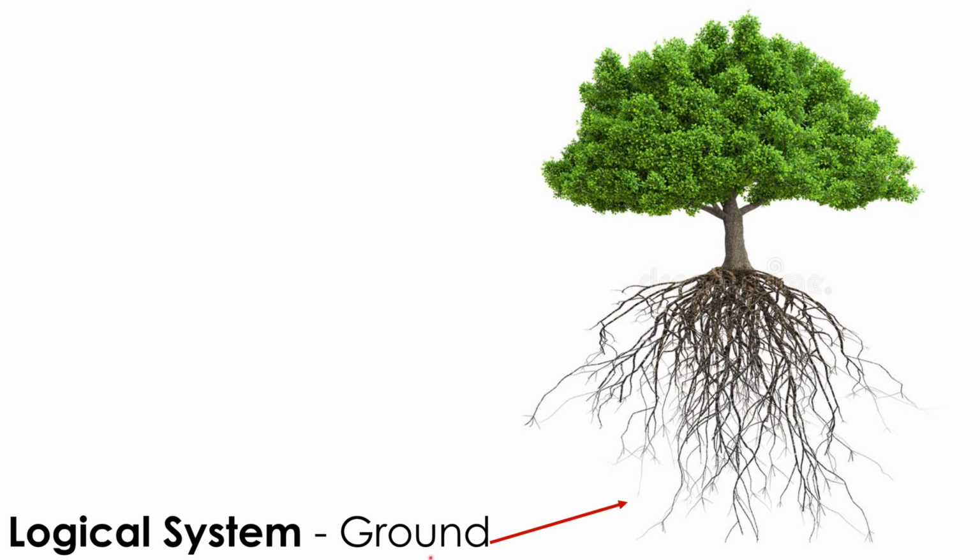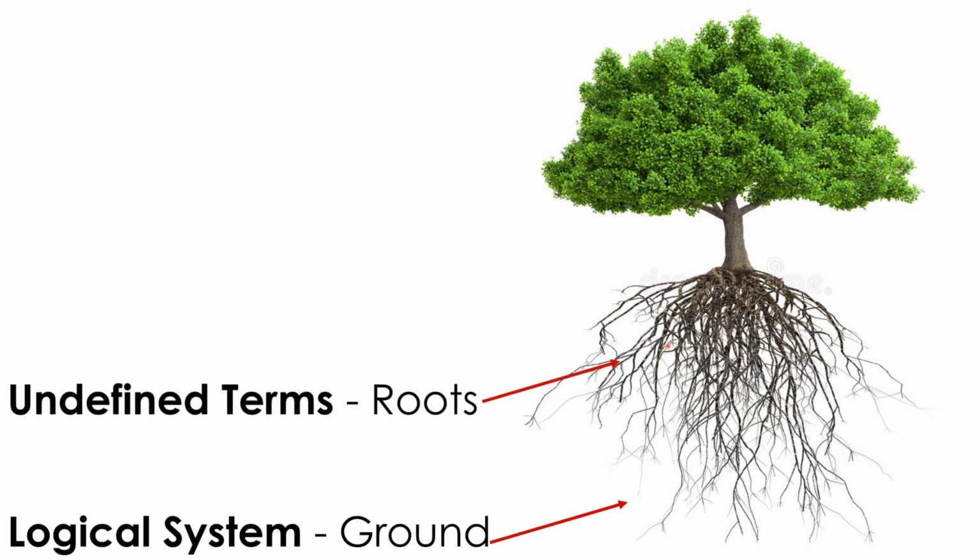Like the ground, an axiomatic system needs a logical system of rules that allows one to make inferences. The roots at the base of the tree correspond to the undefined and defined terms of the system. These are the basic terms from which statements in the axiomatic system are made.